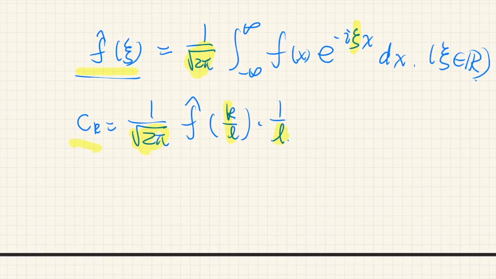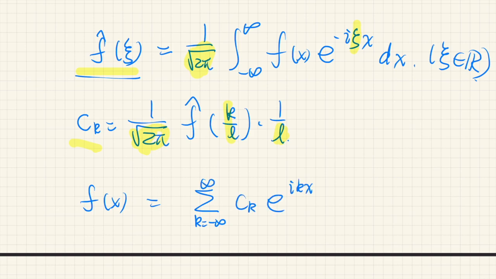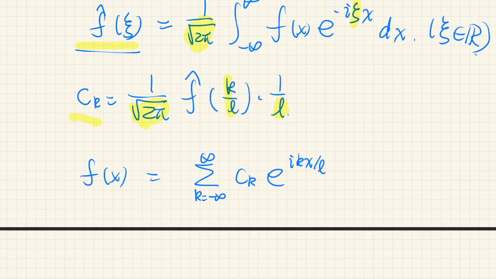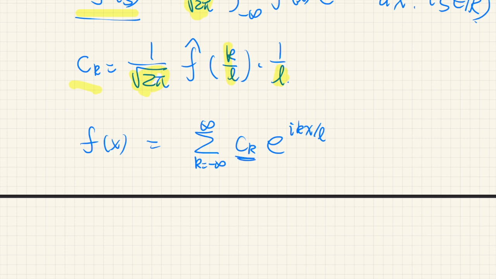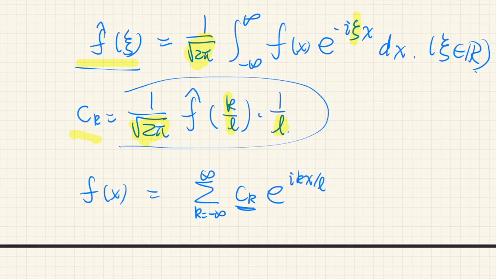Now, since we're assuming that the function f is smooth or continuously differentiable, f of x can be expressed as the Fourier series, the sum of c_k and exponential of ikx over L. Now replace this c_k with this expression.